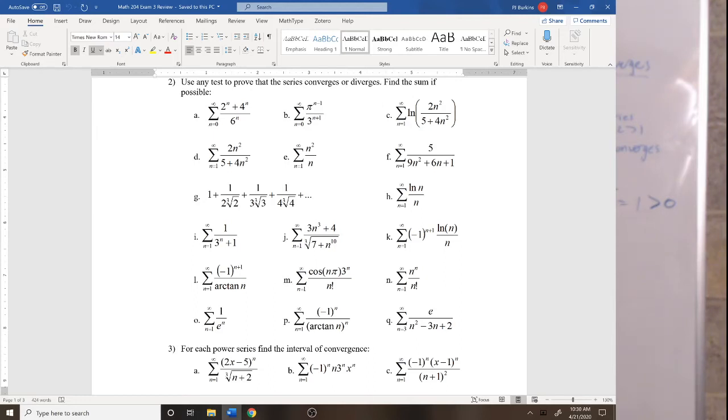However, if one diverges, then you're done. The whole thing diverges. So it only works one way.